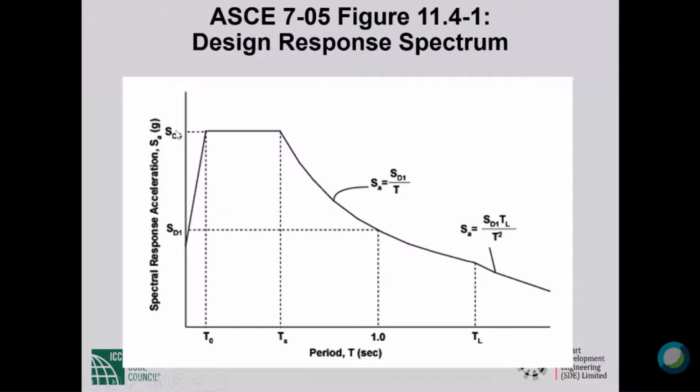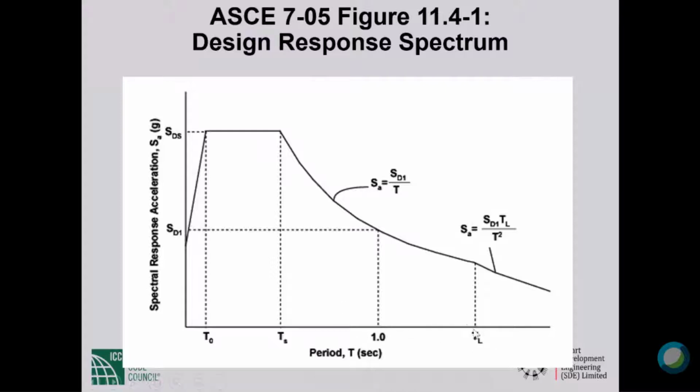So the flat top is defined by S sub ds, which is the ordinate to the design spectrum at a period of 0.2 second, and then the descending branch is defined by the ordinate at a period of 1.0 second, and that ordinate is called S sub d1. So two parameters, S sub ds and S sub d1, define the design spectrum of ASC 705.